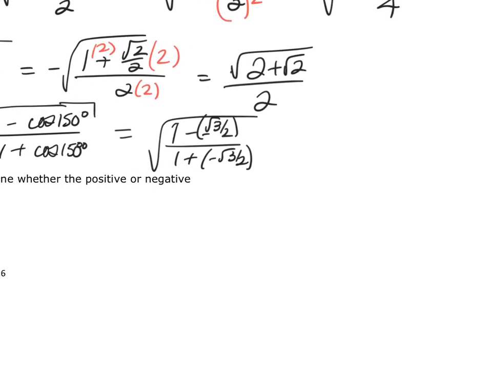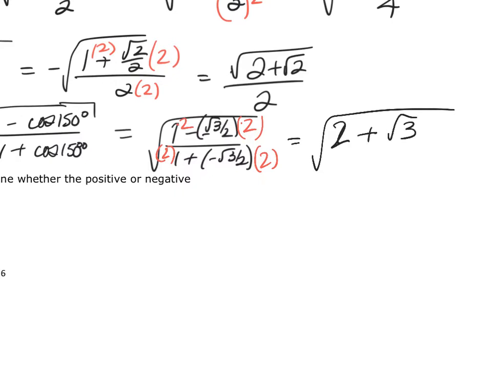What is my common denominator? So multiply everything by 2. So this is going to equal the square root of 2, and minus minus is a plus, the square root of 3, and then it's going to be 2 minus the square root of 3. And I'm just going to leave it like that.